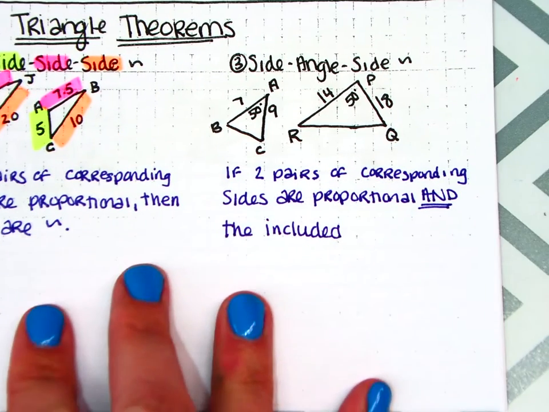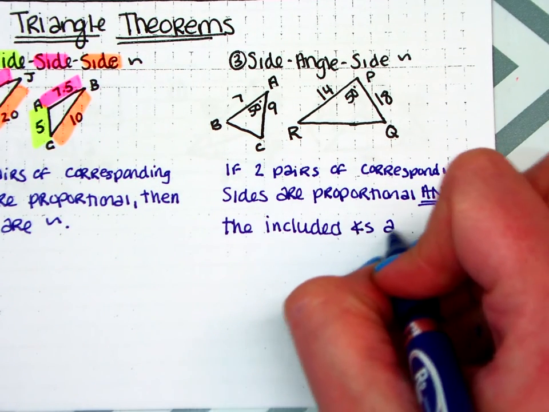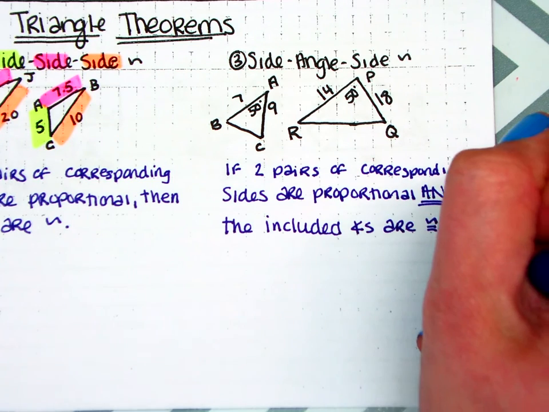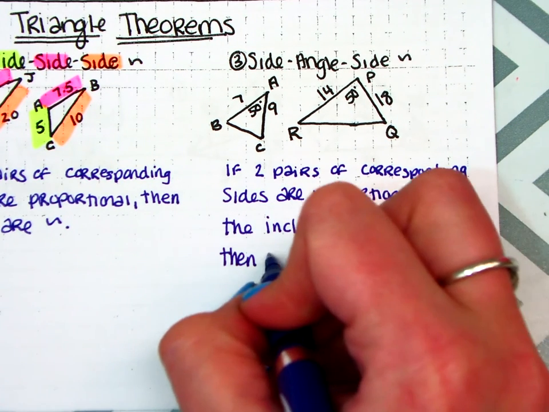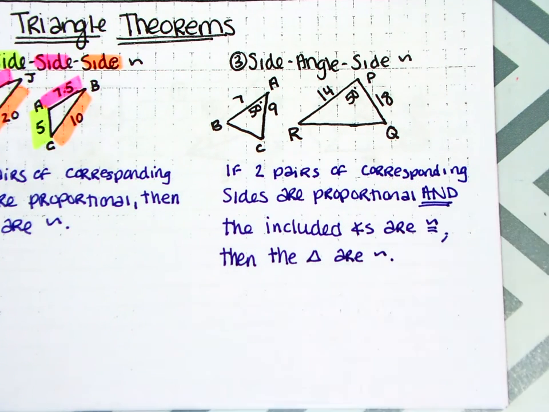So, and the included angle, or angles, there's 2, are congruent, and that's the symbol for congruent, equal sign with a squiggle. We learned that in the geometry unit. Then the triangles are similar.